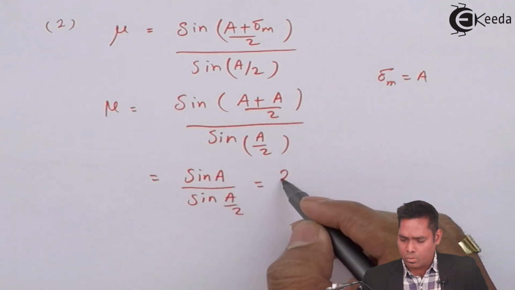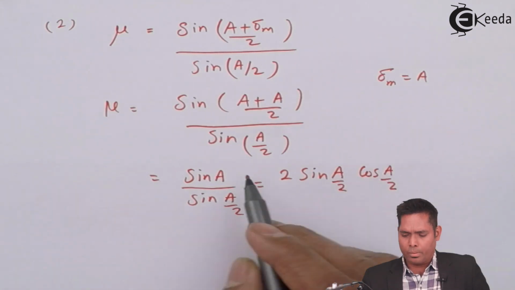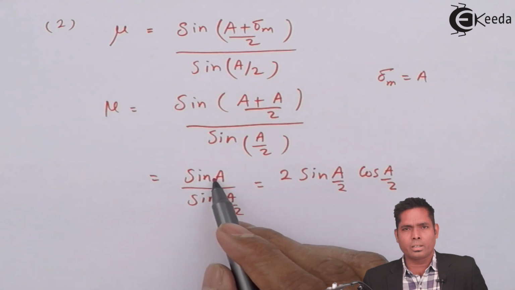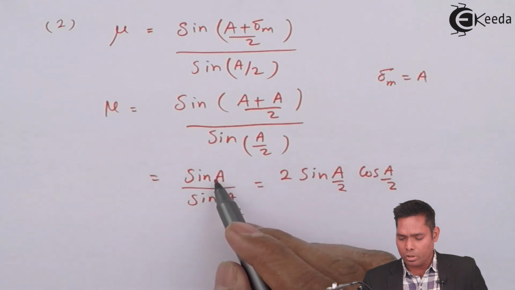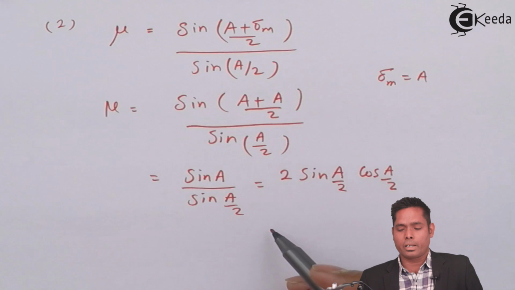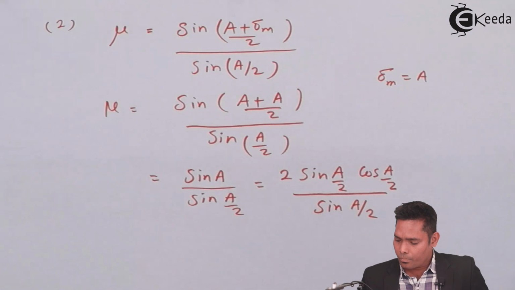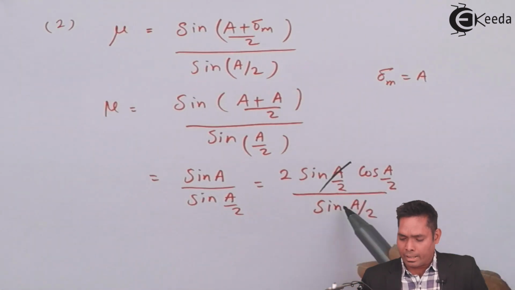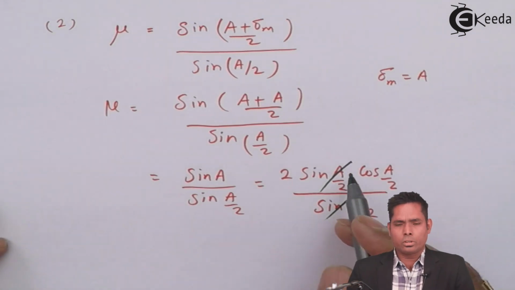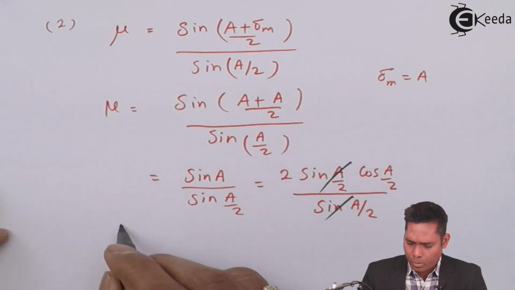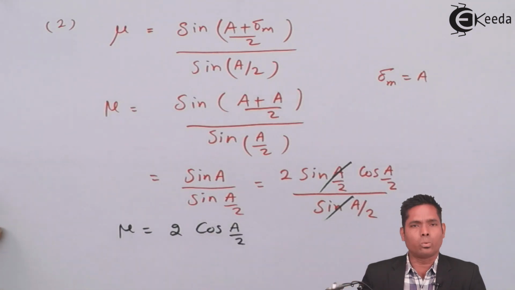This sine A can be written as 2 sine of A by 2 into cos of A by 2, because sine 2 theta is 2 sine theta cos theta, where theta is A by 2. So it becomes 2 sine A by 2 cos A by 2 divided by sine A by 2. From here this will cancel out, and we have mu equals 2 cos of A by 2.